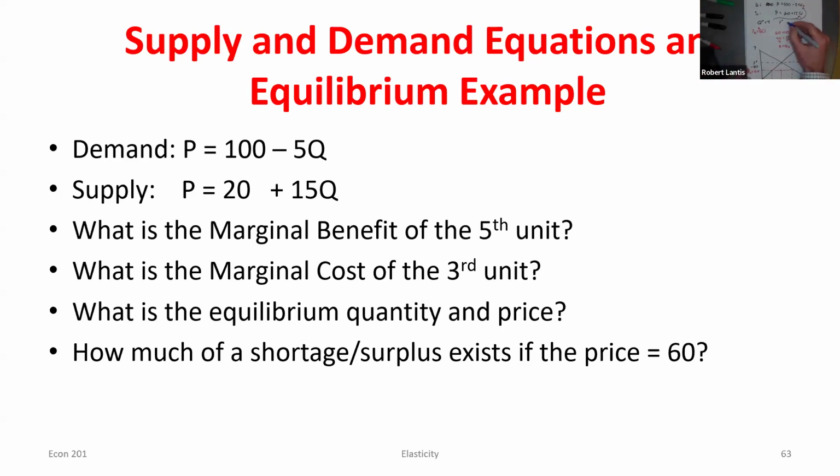Well, my price is 60. Set that equal to 20 plus 15Q. A little bit of algebra here. I get what? Well, this isn't nice and easy, is it? So I've got 40 over 15. So this is going to be what? 2.66 repeated, if I'm doing math in my head correctly.